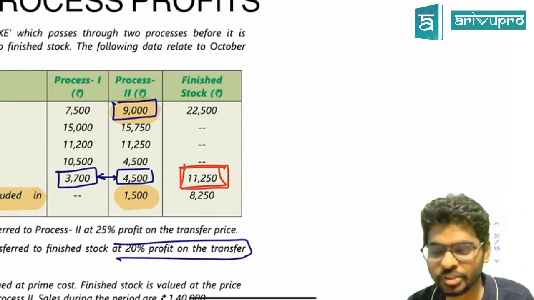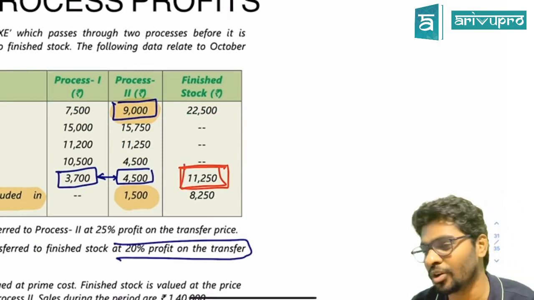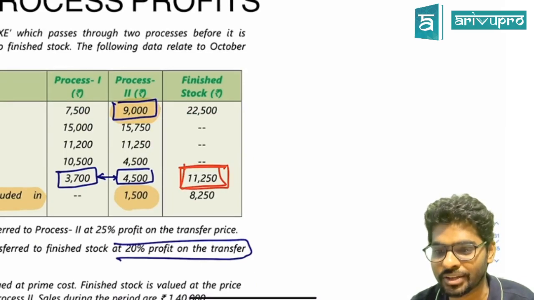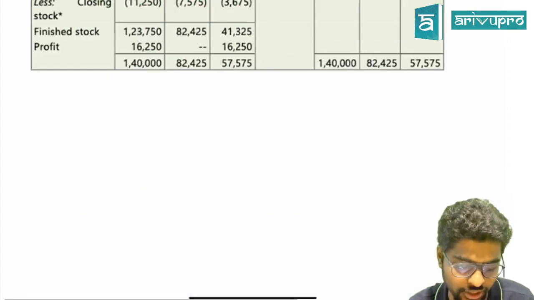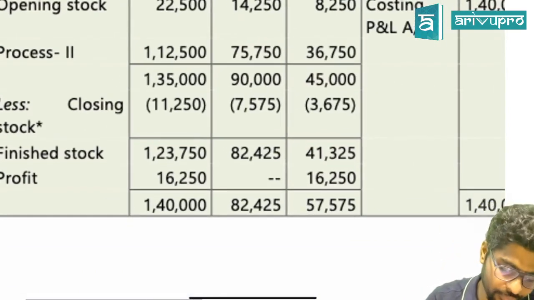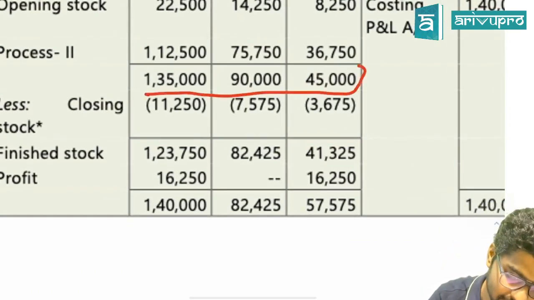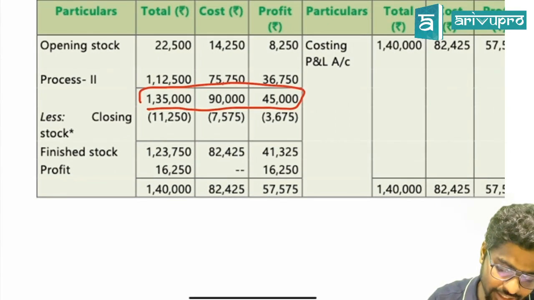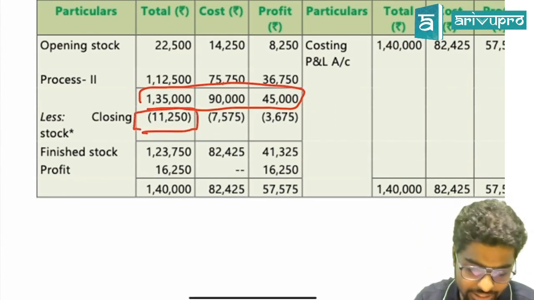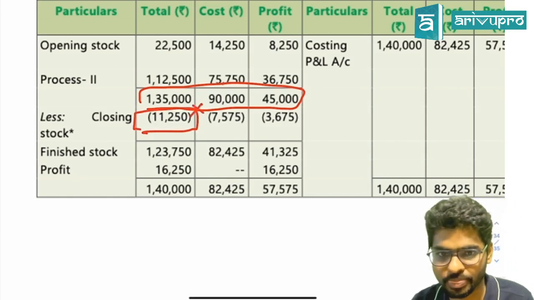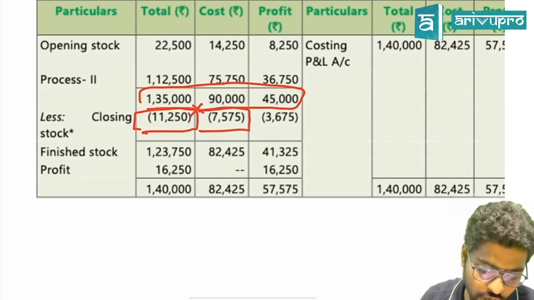I know closing stock is at a profitable value. So I have to find out the cost values because I have to find the closing stock at cost. So from this I took the closing stock 11,250 given in the question. I did the cross multiplication so that I end up getting the cost price of it.